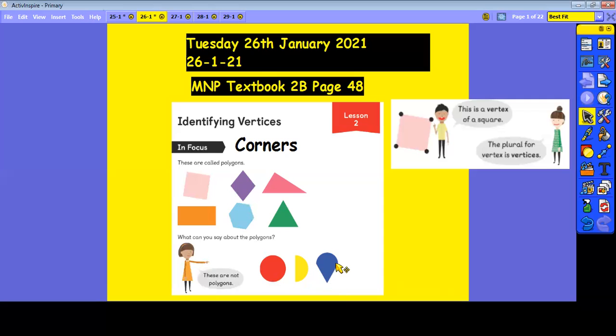Here we've got 2 straight sides, but they don't have completely straight sides. So to be a polygon, you have to be a 2D shape with all of your sides being completely straight. So a polygon is a 2D shape with straight sides and only straight sides, unlike these 3 shapes here.